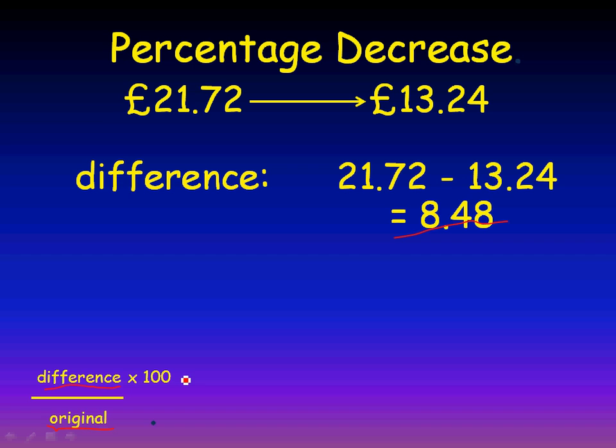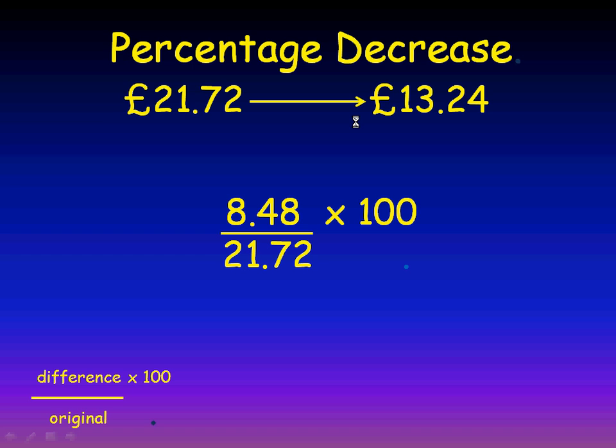So I've got £8.48, which is going to be my difference, and I'm going to divide by £21.72 because that's my original, and we've gone through finding those. Again, we're multiplying by 100 just to put it into a percentage. So if we pop all of those back into the equation, then we get £8.48 over £21.72 multiplied by 100.